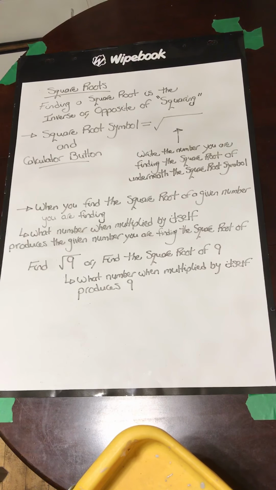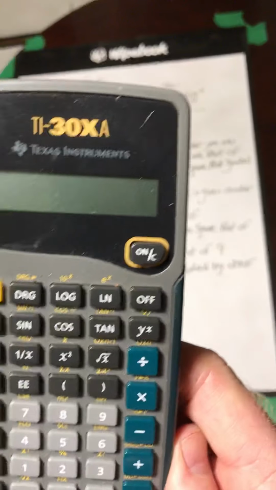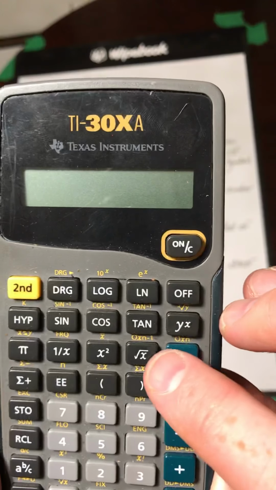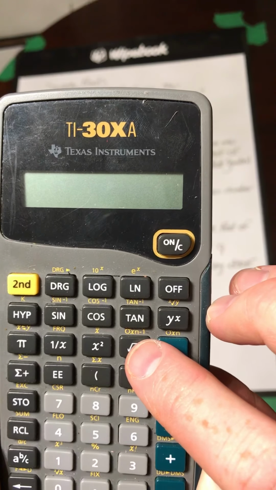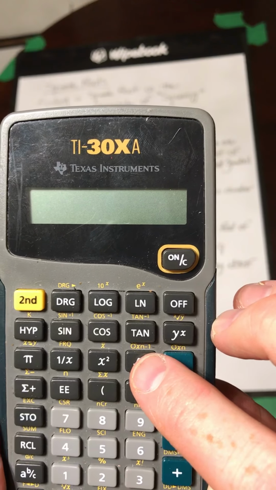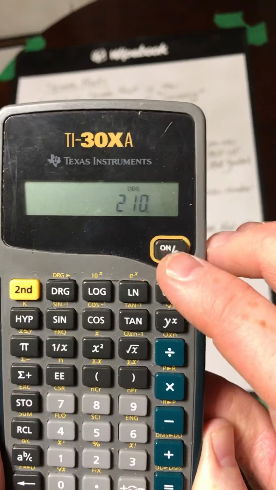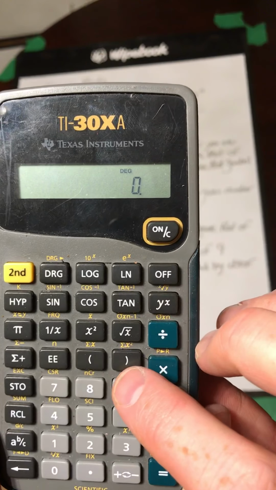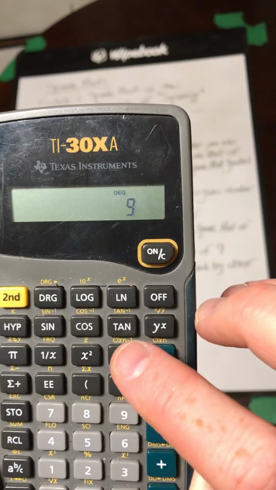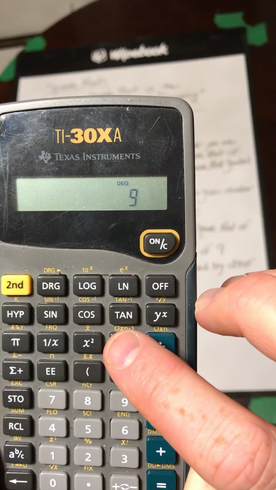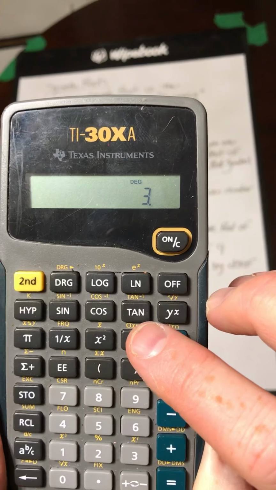Now, the square root symbol is on most calculators, and just as an example, on my calculator here, you can see the square root symbol. So we're going to be finding the square root of 9. If I put 9 and take the square root of that, I get 3.